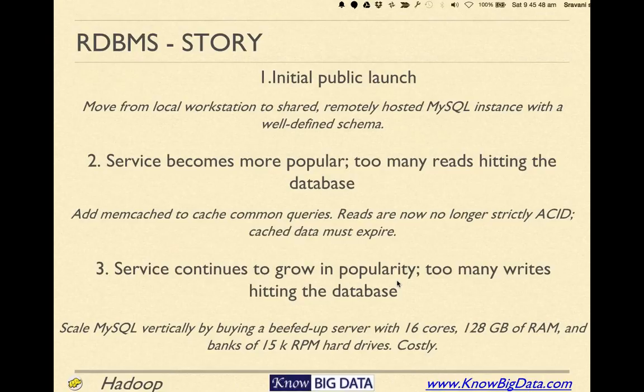I'm not recommending that this is how you should do it. So the service becomes more popular, reads are okay, but too many writes are hitting the database, so you do a vertical scale up. You buy a huge number of cores, huge RAM, and really fast hard drives and so on. Whatever funding you raise from a VC, you burn that money on this database hardware.